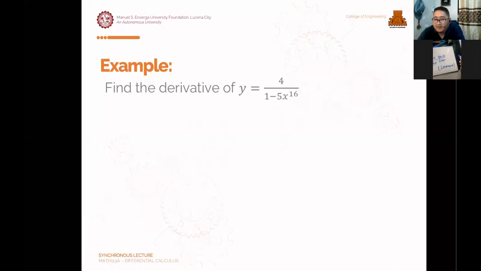Magiging multiply siya nung yung first term ng numerator mo multiplied mo nung denominator ng second term mo minus yung second numerator mo times yung first denominator. Yun yung magiging total ng numerator mo.